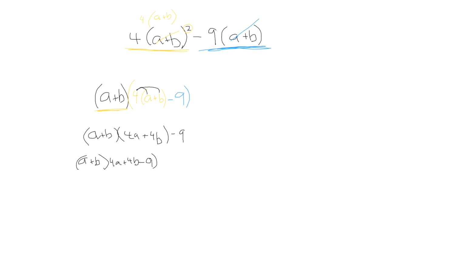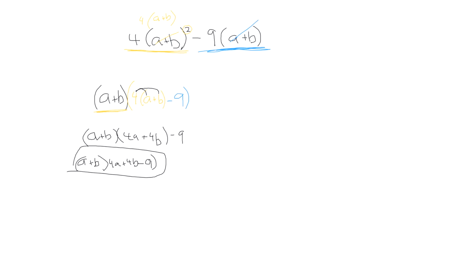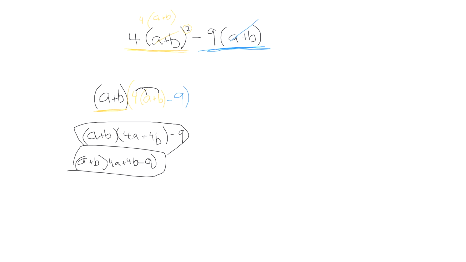You could also leave it like this, it's your choice. Any one of these would be the answer, honestly. This one or this one. Or even this one, because this is already in factored form.